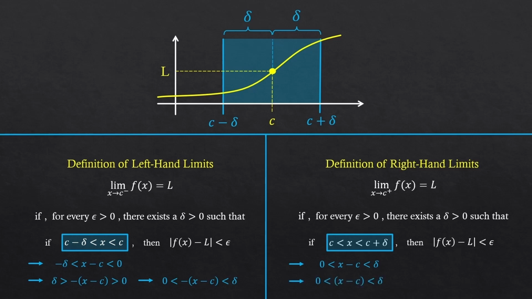And then, just for the future purpose, I'll just put a bracket. Now, if we bring those two inequalities together, you can see that we can combine them like this. So this is the delta wall from the original definition. And in fact, the original definition was the left-hand limit and right-hand limit definitions being combined.